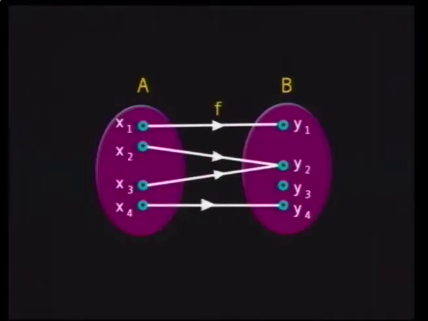So functions also can be discrete or continuous. For example, this is a discrete function. It maps discrete values of x into discrete values of y. You have here the two sets A and B. Let us take an example. Suppose the set A comprises all possible students in a school, the set of all students in the school, and B is the set of all fathers of these students.